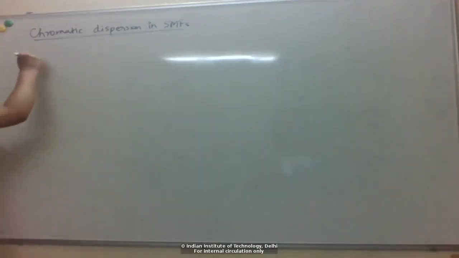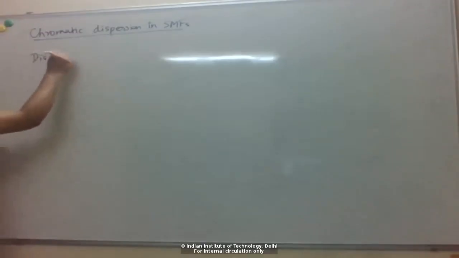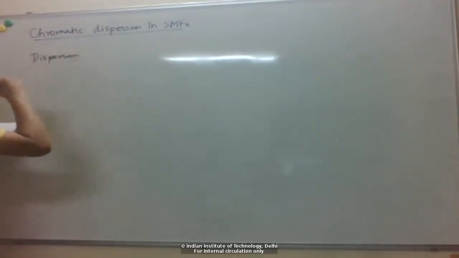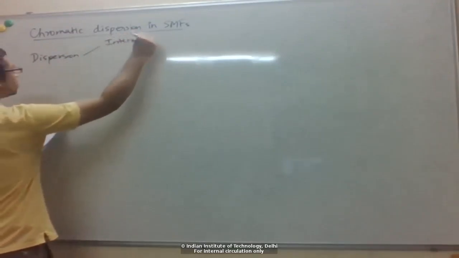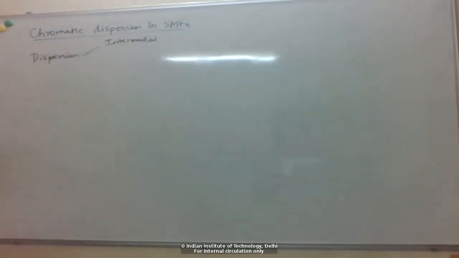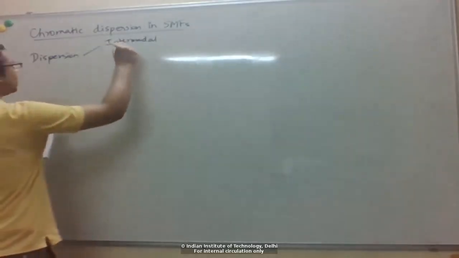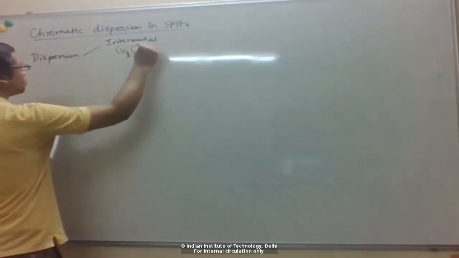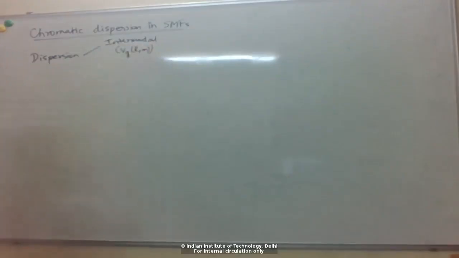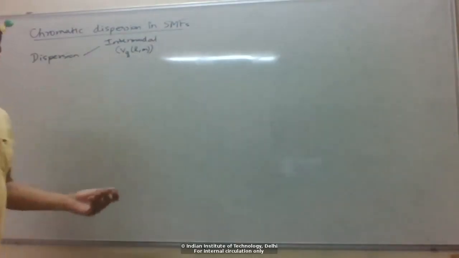So this intermodal dispersion, right, is basically, as we had discussed, so the group velocity depends on the mode, right? So for example, it depends on the LM indices of which LPLM mode it is, right? And different modes have different group velocities.